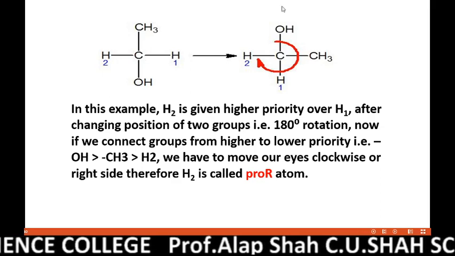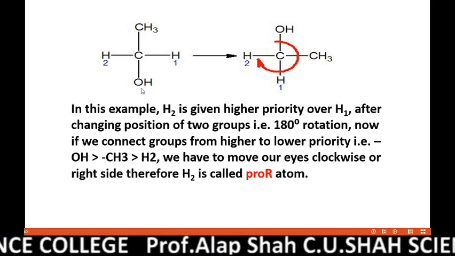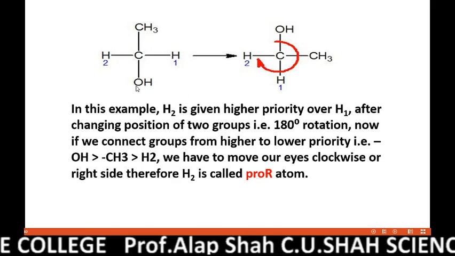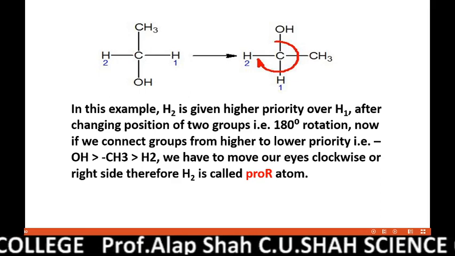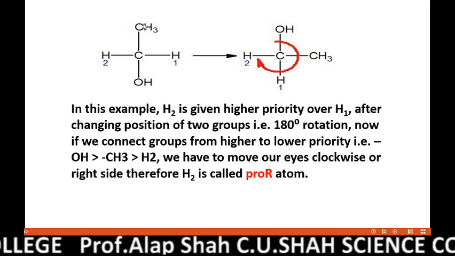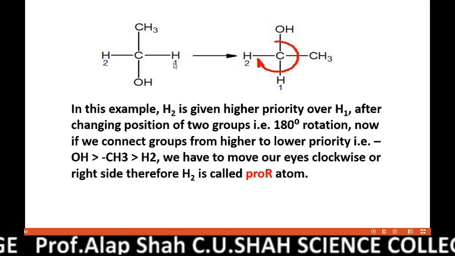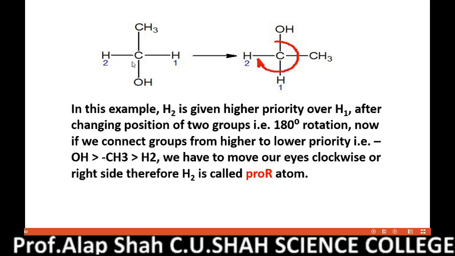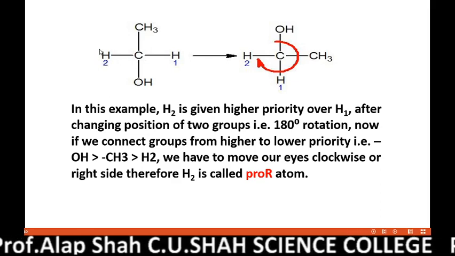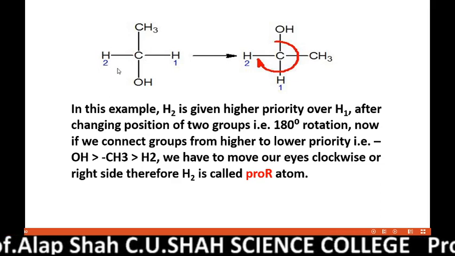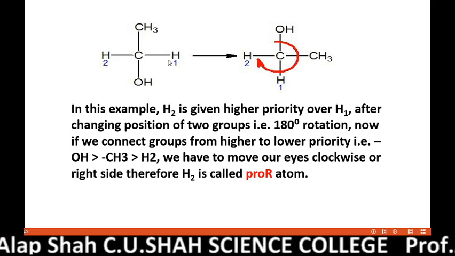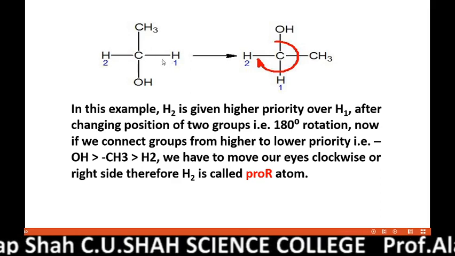So obviously the eighth element of the periodic table, oxygen, would be the first priority group, number 1. Carbon is the second group. Now what we are doing, see, the hydrogens are the same. So suppose we are giving higher priority to this H2 than H1. So this will be our number 3 and number 4.